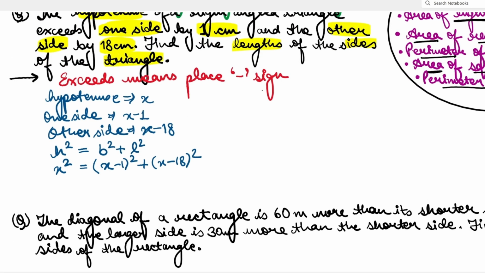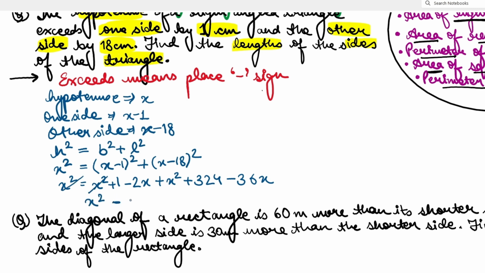Now, how will you solve this further? It becomes x square is equal to x square plus 1 minus 2x plus x square plus 324 minus 36x, since 2 into 18 is 36. Solving further, x square and x square cancel, so you get x square minus 38x plus 325 is equal to 0.